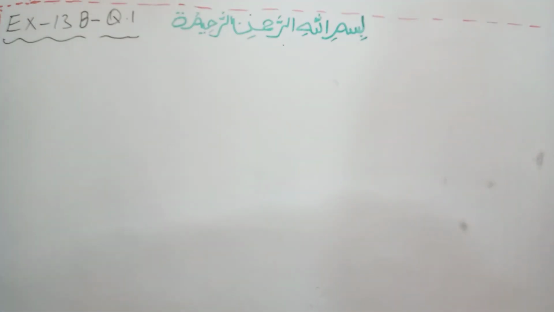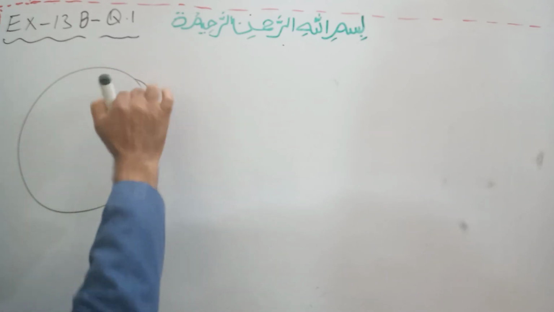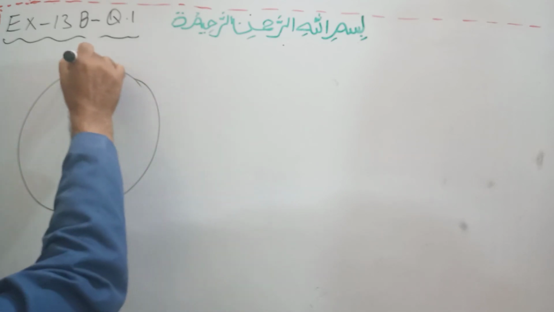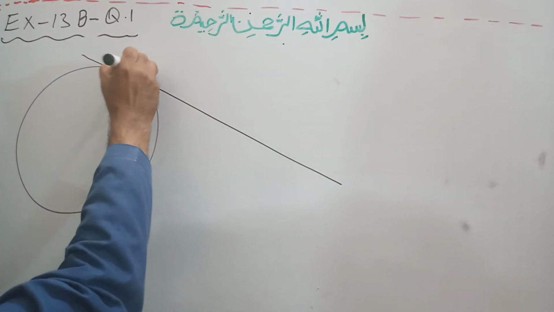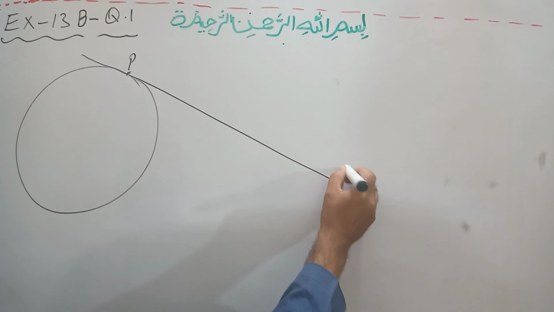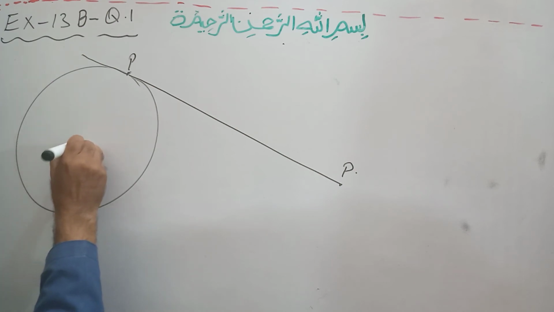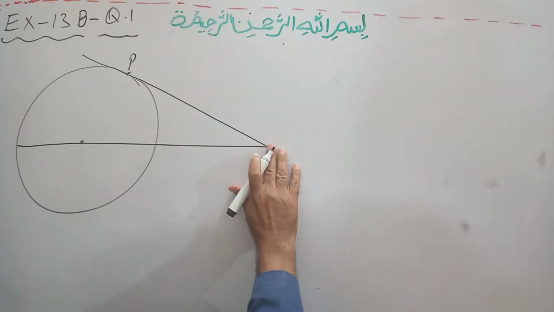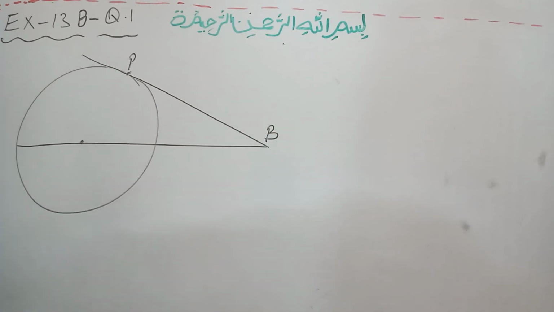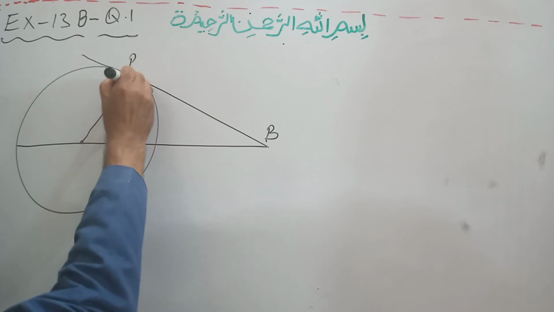In this question, he has given this figure. There is a tangent PB, and a line through the center of the circle is joining to the tangent at point B. This is the figure given, and O is joined to P.